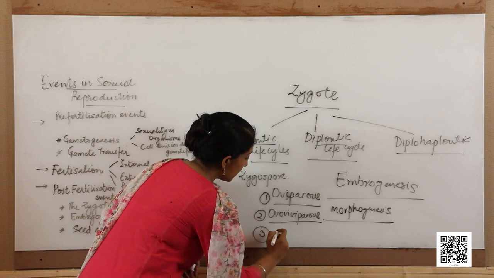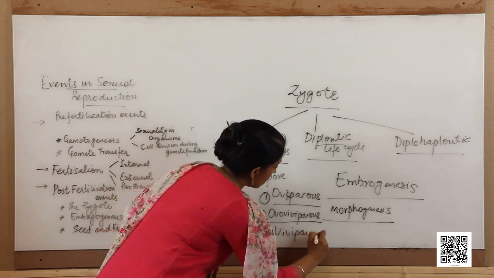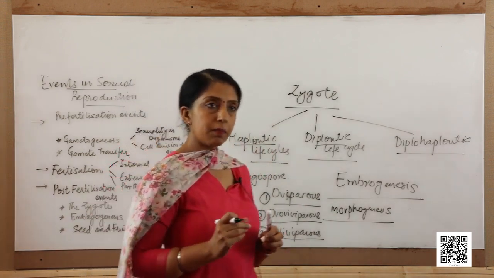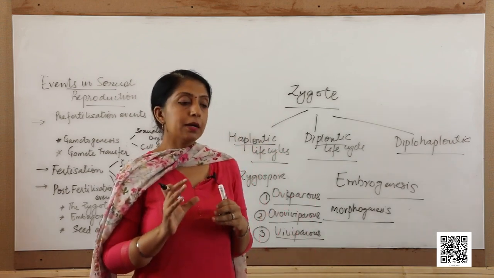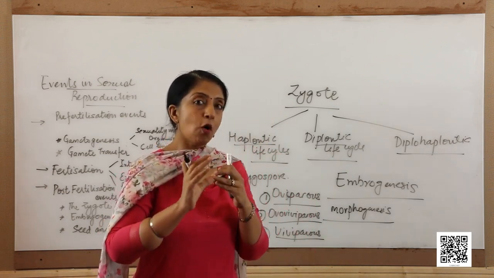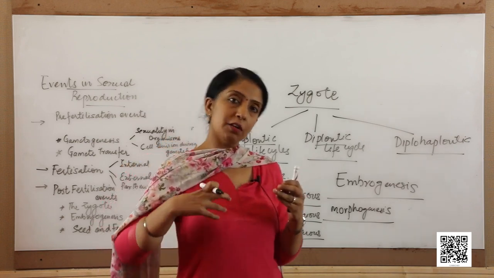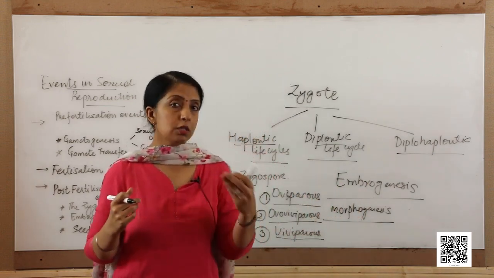The third type is the viviparous animals. Usually these are the placental animals, and there is a placenta formed from where the growing embryo derives nourishment, and these animals give birth to young ones.